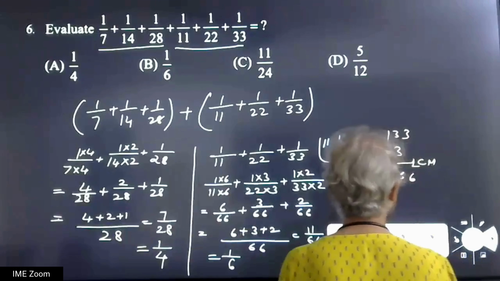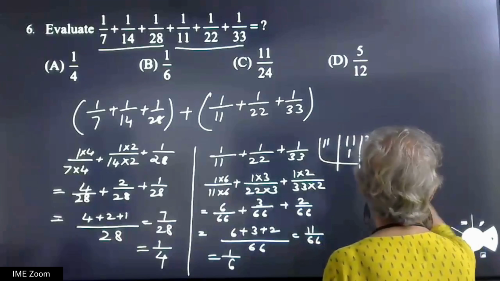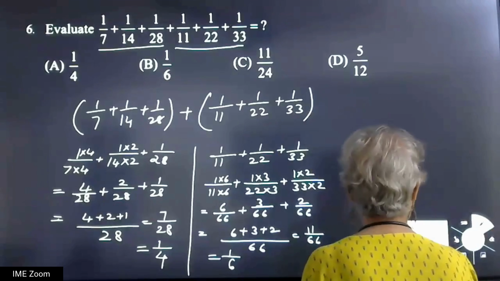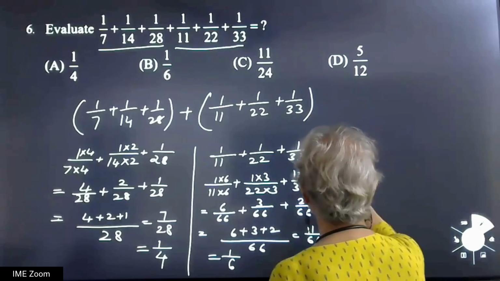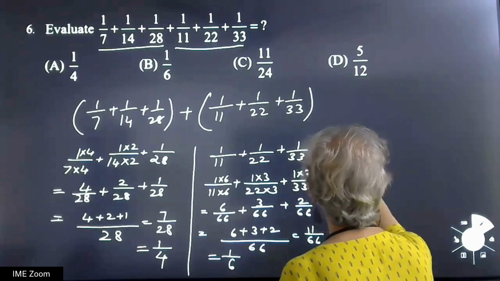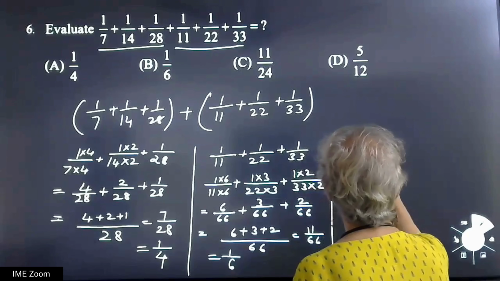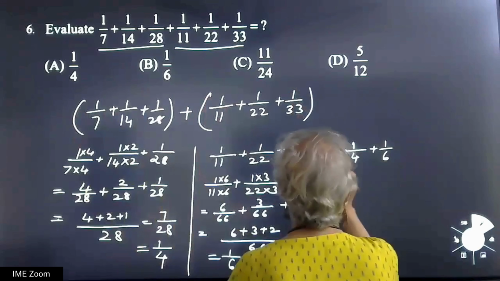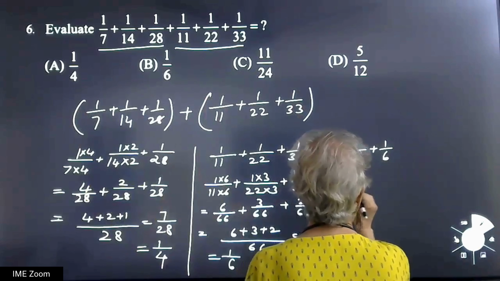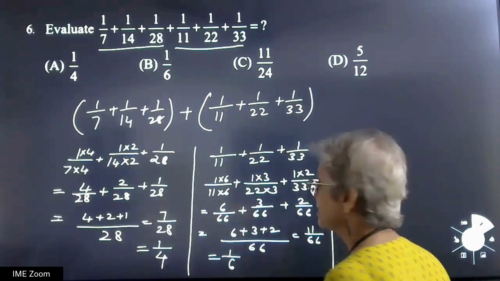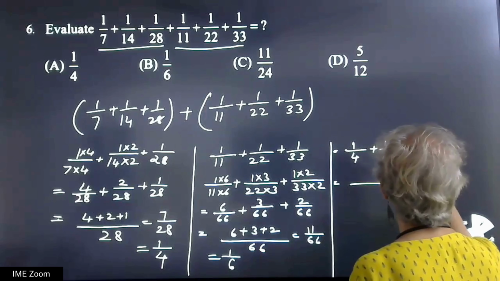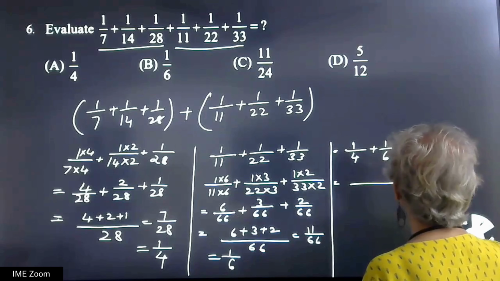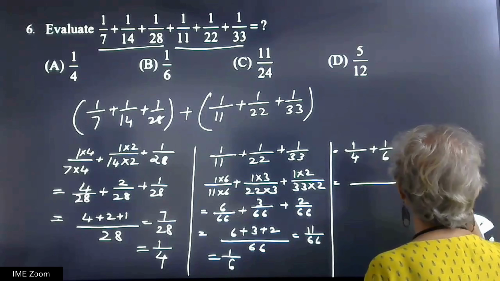And now we have to add both together. So let us remove this so that we can do the addition of these two. That is 1 upon 4 plus 1 upon 6. This part is 1 upon 4, this part is 1 upon 6. So let us add them together. Now here LCM is, again we have to find out LCM. 4, 6. 2 2s are 4, 2 3s are 6. Now no common factor, multiply all together.